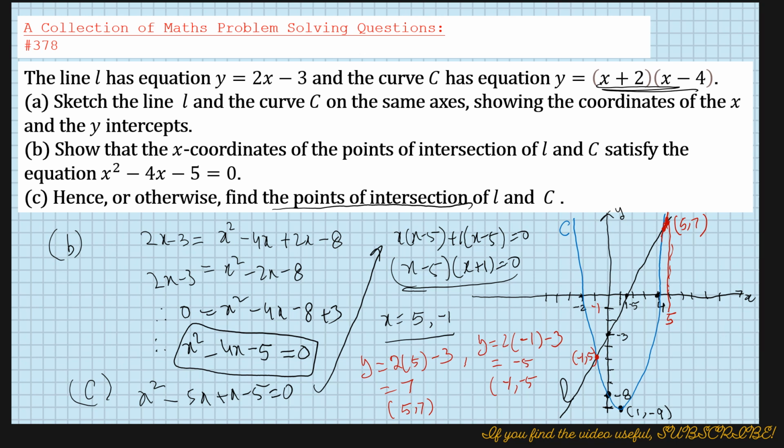Yeah, it was a bit off here and there, but I think finally I got the correct answers. It took me a whole 13 minutes to get the answer. So the points of intersection would be 5, 7 and minus 1, minus 5.